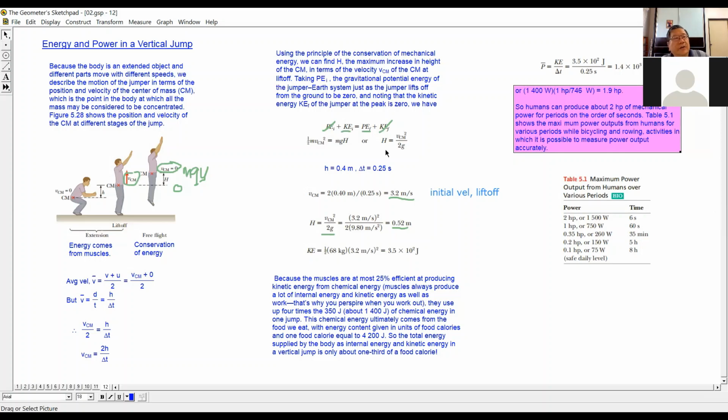Roughly it will be like this. The activity and amount of time consumed and the power is given in this table here. Maximum power output from humans over various periods. Okay, so this is the table showing the power.